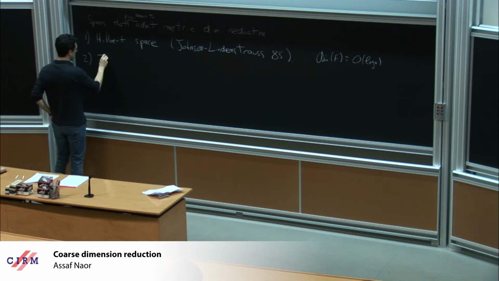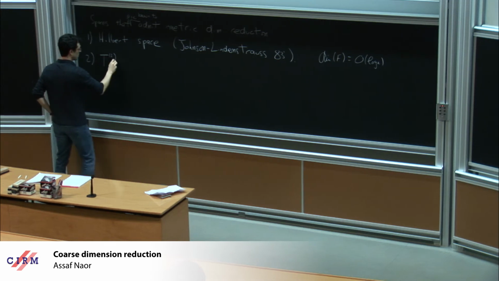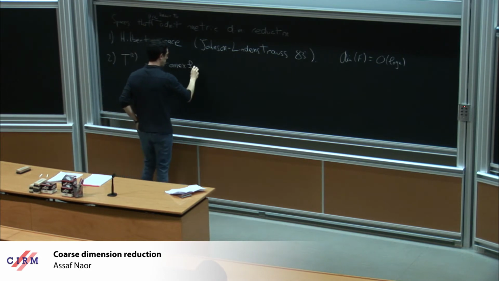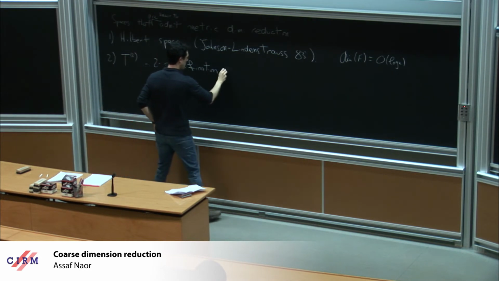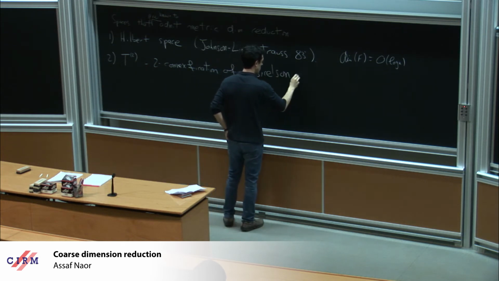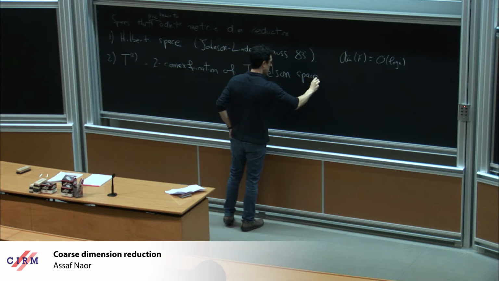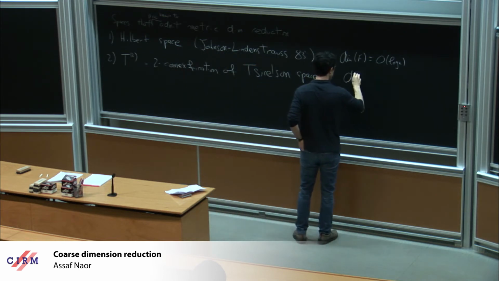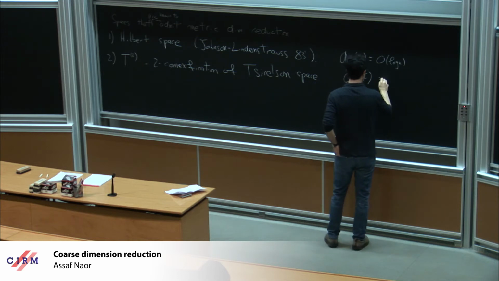And then there is the T2, so the 2-convexification of the Tsirelson space. This also gets dim F to be big O of log n.